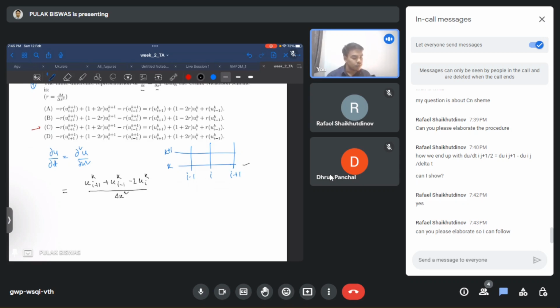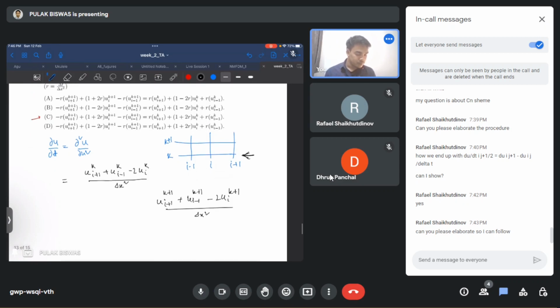Now instead of using the computation at only one particular level, you are also using level k plus 1. So this one is also your del 2 u by del x 2. This is also, but they are computed at different time levels, here and here.